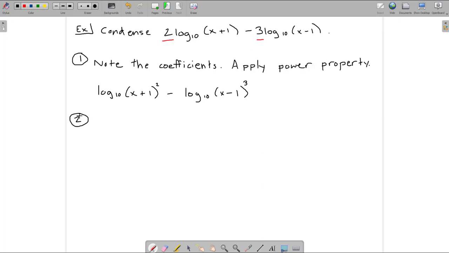Let's now notice that we have a difference. If we have a difference, that means that it came from a quotient. So apply the quotient property.